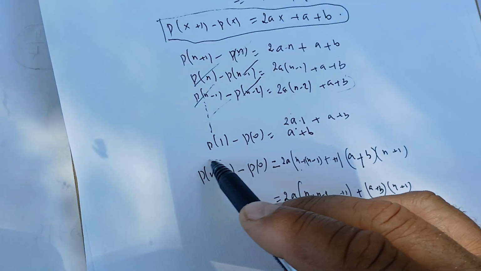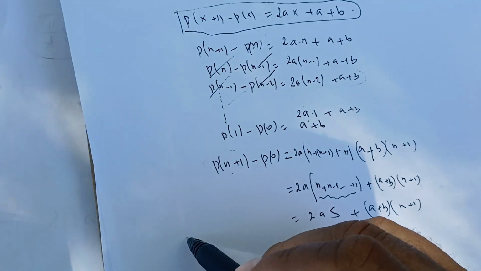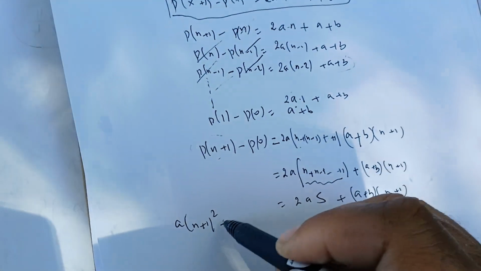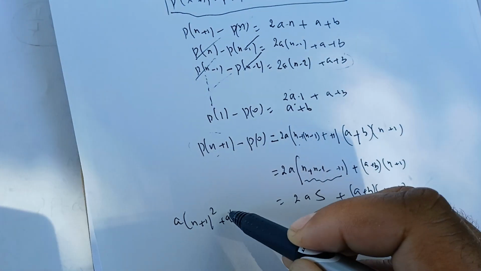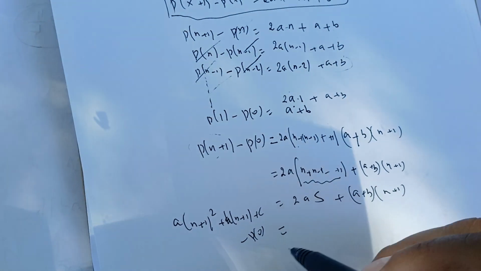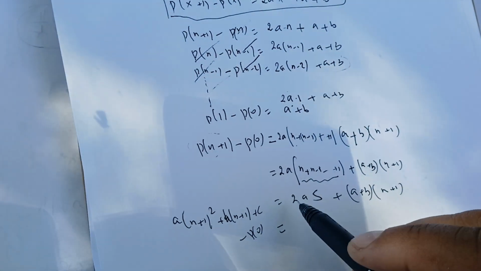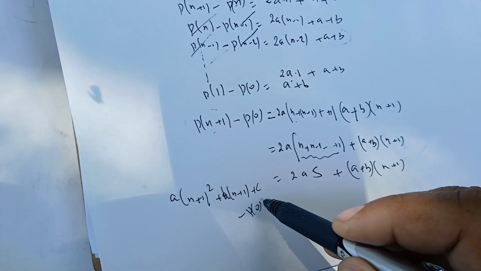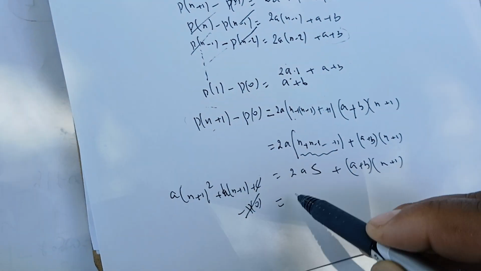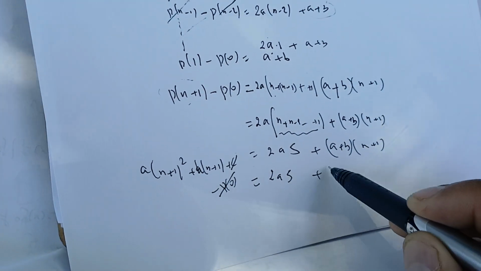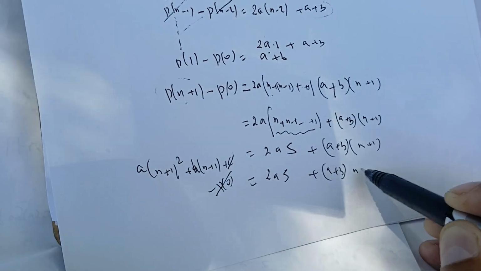Now we're gonna evaluate the left side, so we get a times (n plus 1) squared plus b times (n plus 1) plus c minus p of 0 equals, so p of 0 is c. We're going to cancel it with this one. So we have 2as plus (a plus b) times (n plus 1).